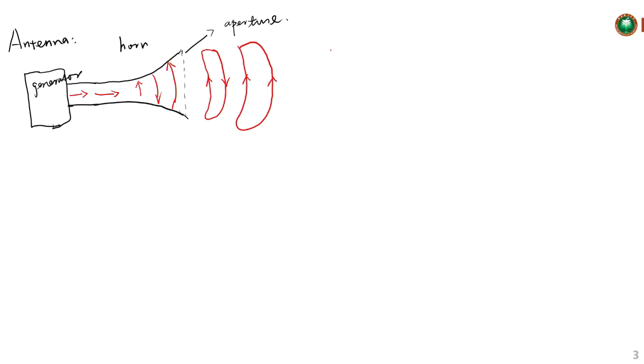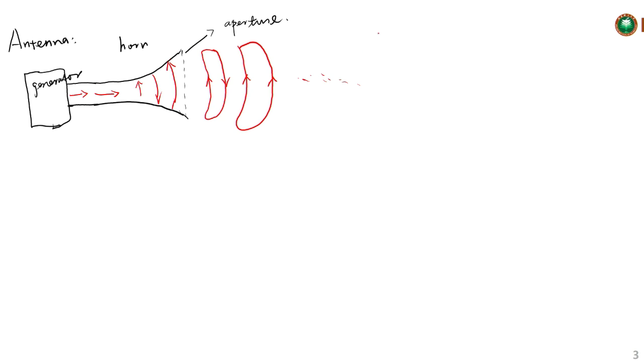For a long distance, the waves launched out from the aperture are initially spherical, especially for a point source.